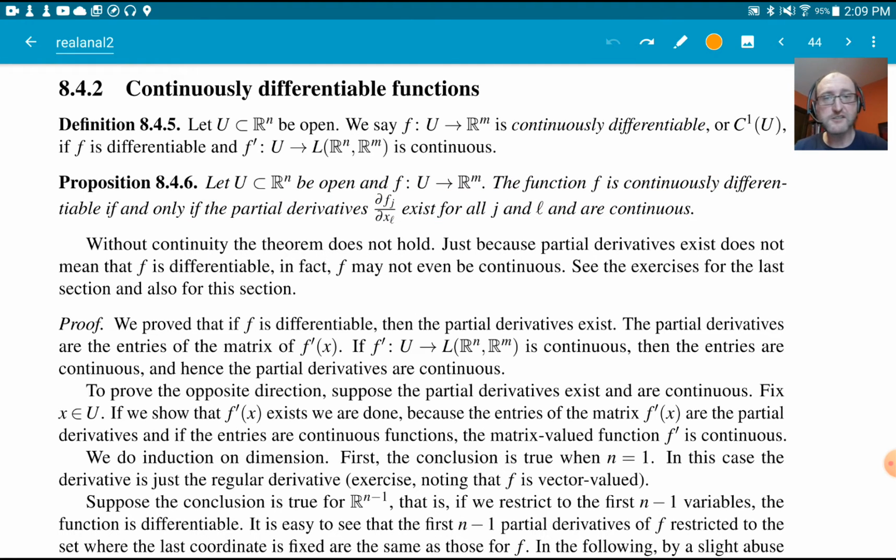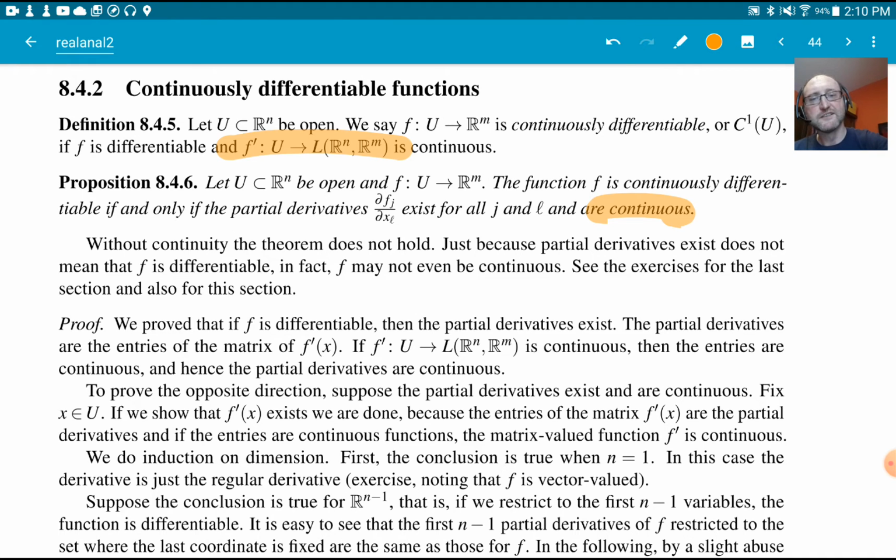Now, for the other direction, suppose that we have partial derivatives and they're continuous. It's enough to really prove that that implies that f is differentiable. Once we have that f is differentiable, once this function exists, then these are the coefficients of that matrix and they're continuous, so therefore this mapping is going to be continuous.